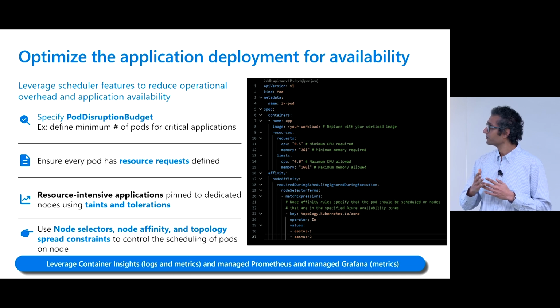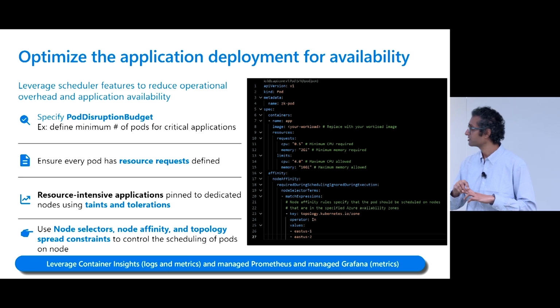And then for resource intensive applications, you can always use taints and tolerations to pin them to the correct set of nodes, mapping pods to nodes. That way you manage the intensity of the applications.